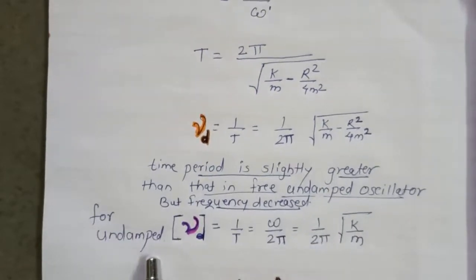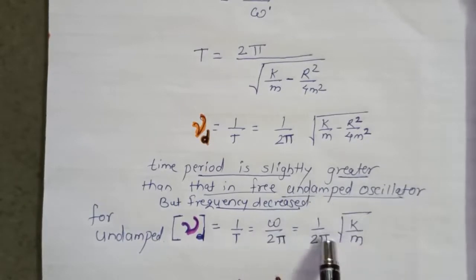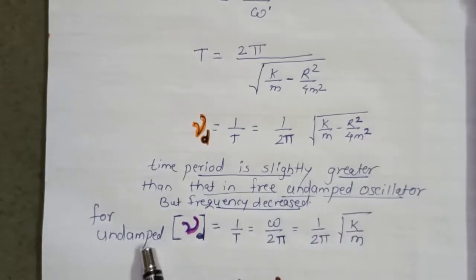For undamped oscillation, frequency is equal to 1 upon T, that is equal to omega upon 2 pi. Put the value of omega, that is square root of k by m, that is equal to 1 upon 2 pi square root of k by m.